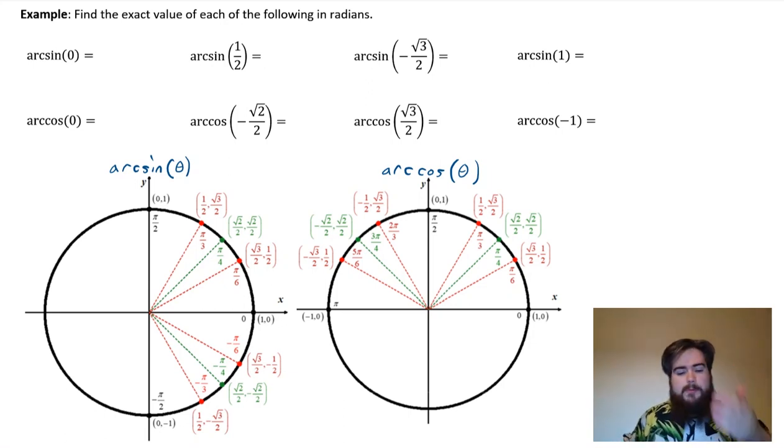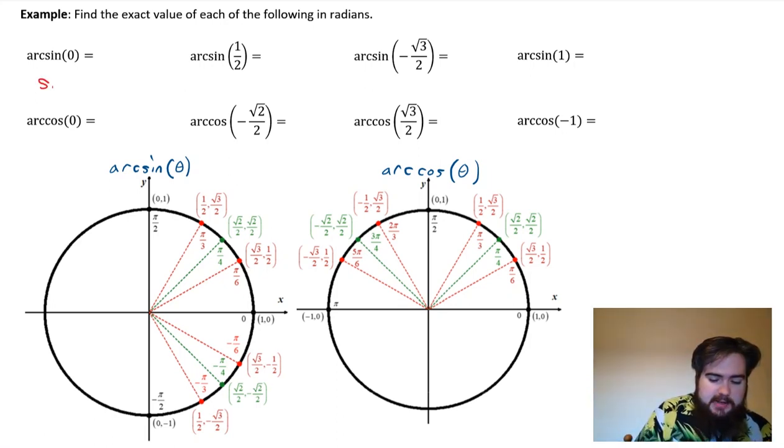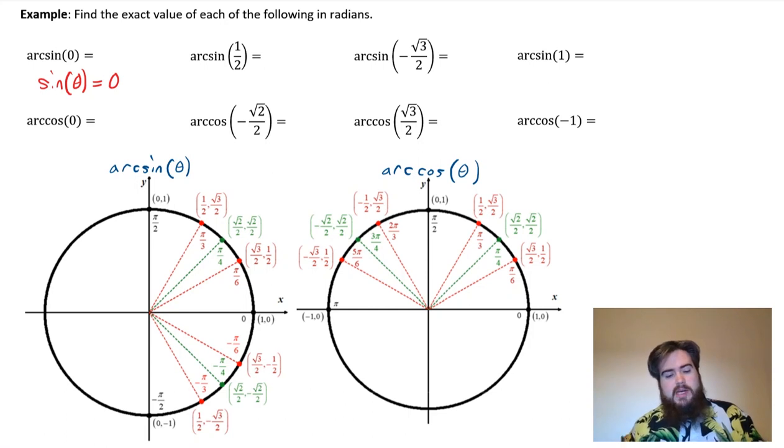So, for example, if I want to work with arc sine of 0, what that is really asking is for an angle measure of theta such that sine of theta would equal 0.